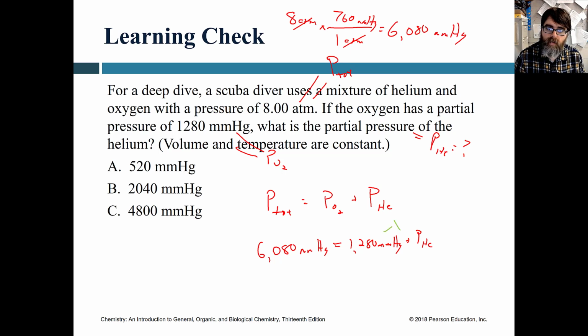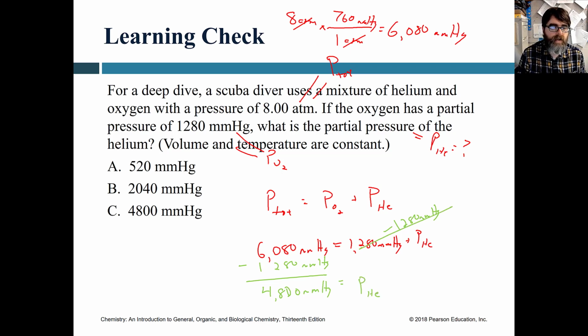Subtract 1,280 millimeters of mercury from both sides, and we're going to get 4,800 millimeters of mercury is equal to, those, of course, canceled out, and we're left with pressure of helium. So that is going to be choice C. As a side note, 3 sig figs. So once again, really this should be that, or 4.80 times 10 to the 3 millimeters of mercury.